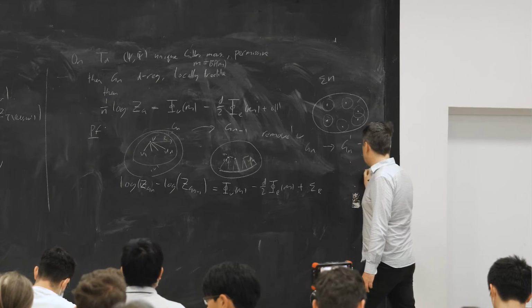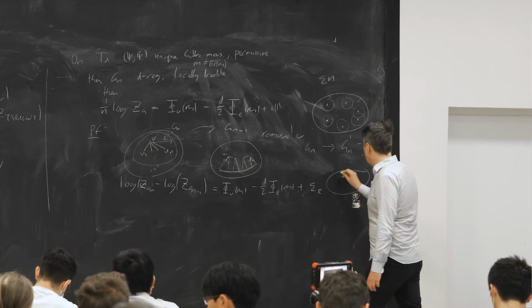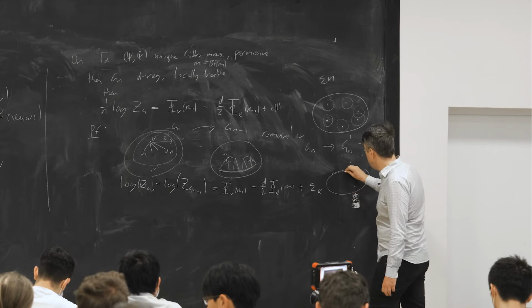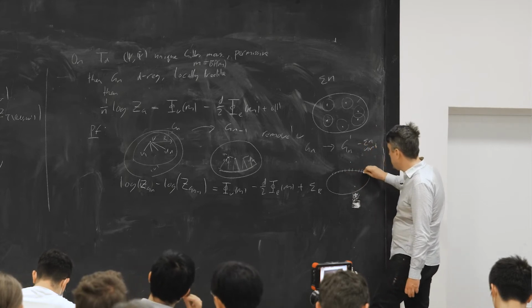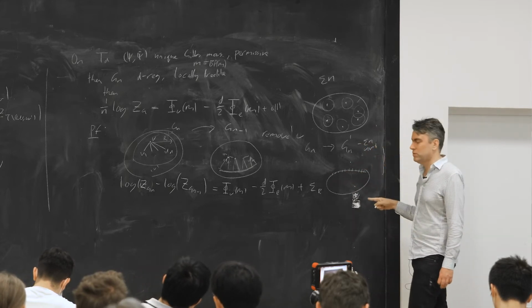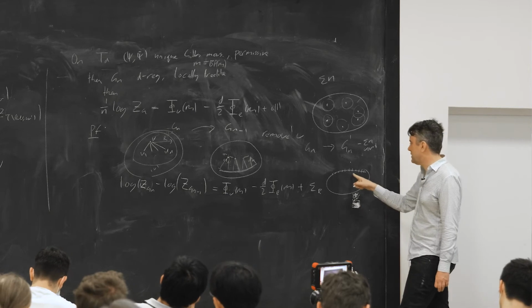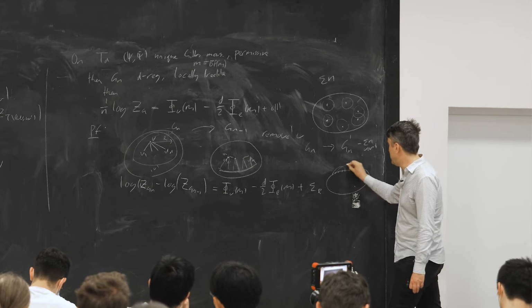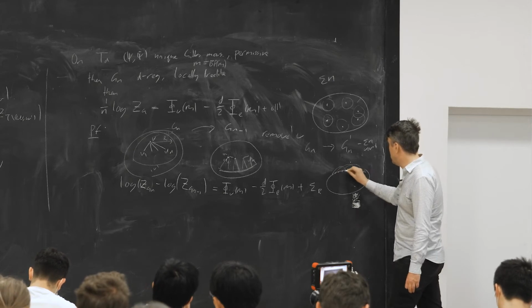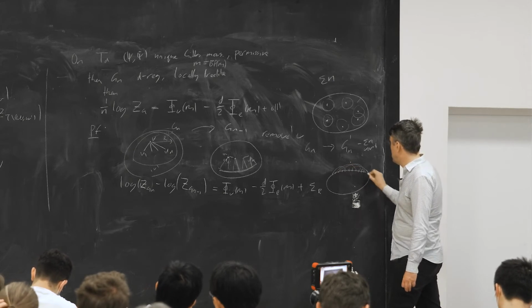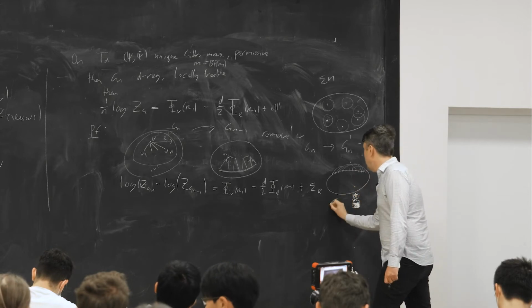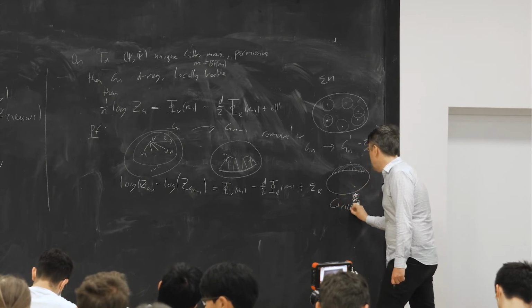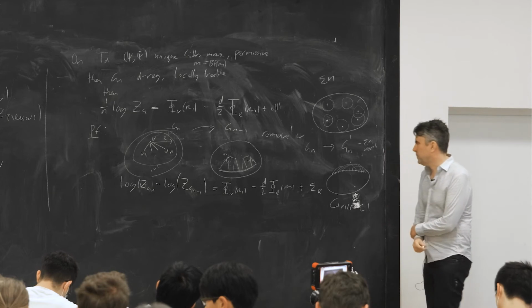I'll be left with a graph with lots of hanging half edges, so I guess d epsilon n half edges. Then I'll just pick a uniform matching of these, and in doing that, we'll get Gn 1 minus epsilon.